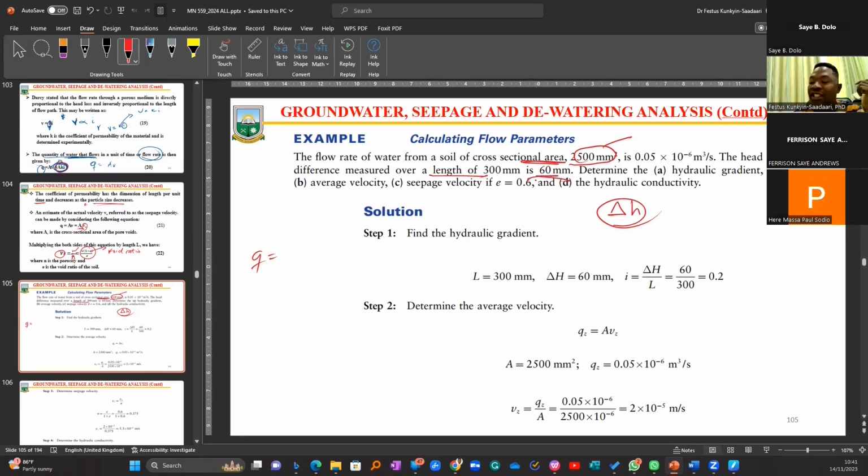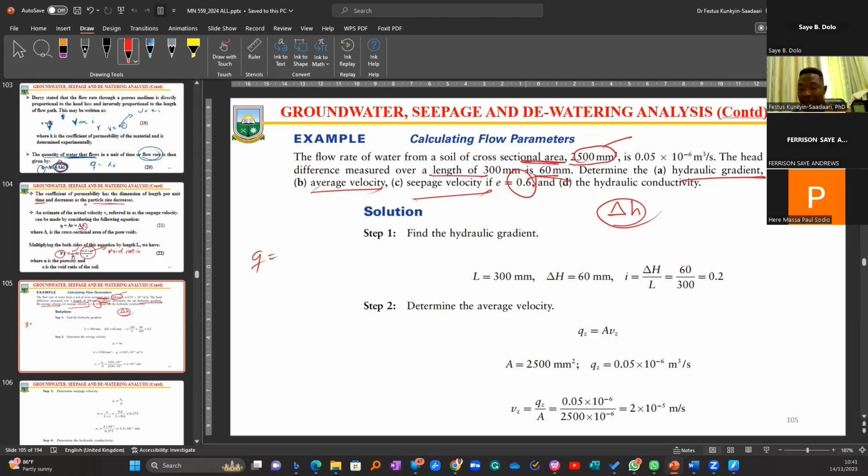Then the head difference is given as 60 meters. They are telling us to determine the hydraulic gradient, the average velocity, the seepage velocity, if we are given the void ratio, and then the hydraulic conductivity, K, or in other words, the permeability, the coefficient of permeability.